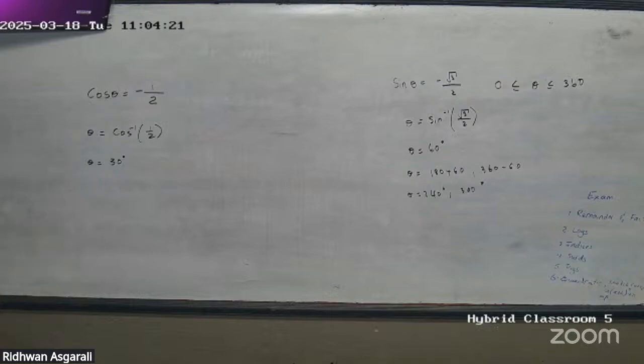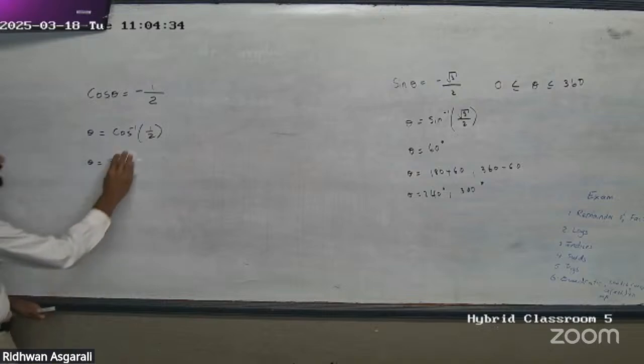So I guess 60. No, in which one is cos negative? Do they get 30 or do they get 60? It's 60.